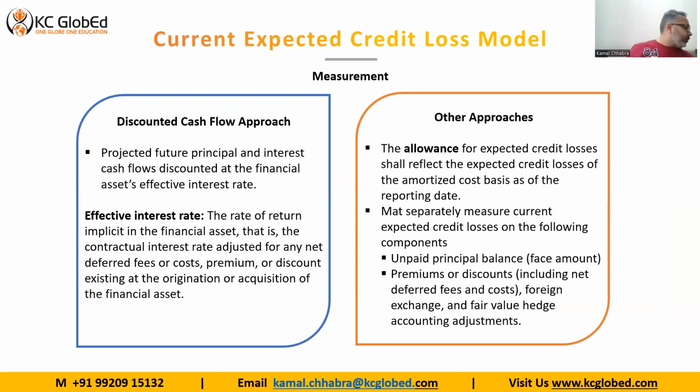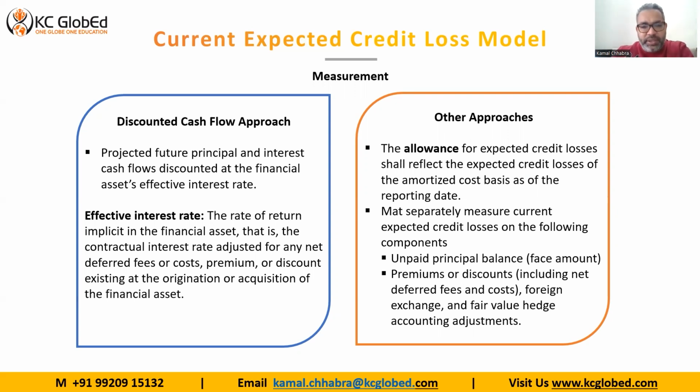Measurement approaches. Discounted cash flow approach. As we all know, it uses time value of money and does the calculation of the present value. Projected future principal and interest cash flows are discounted at the financial asset's effective interest rate. What is the effective interest rate? The rate of return implicit in the financial asset.